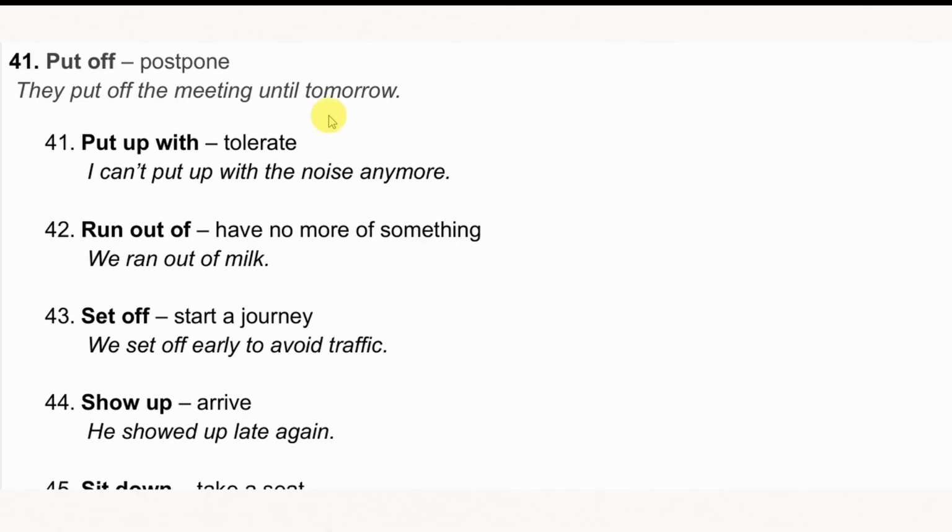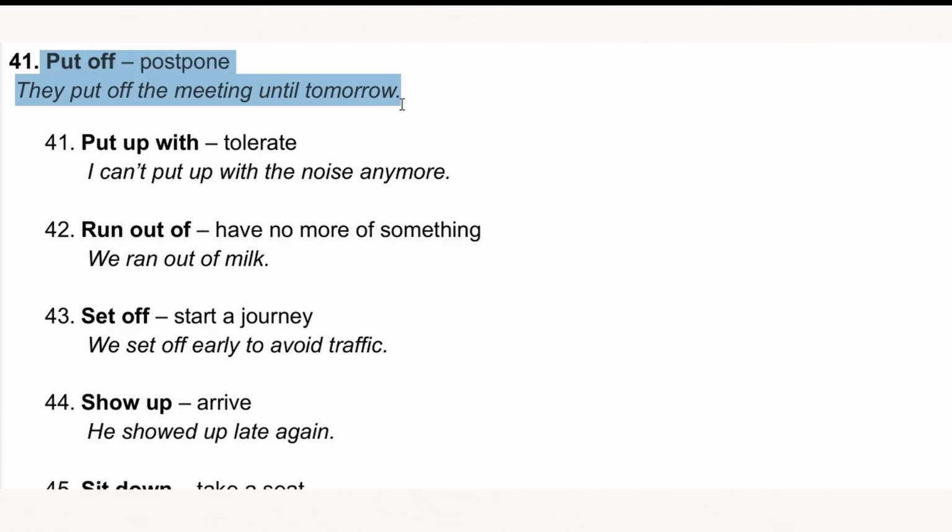41. To put off. To put off, this is to postpone. And to postpone means to change the program. For example, they put off the meeting until tomorrow.